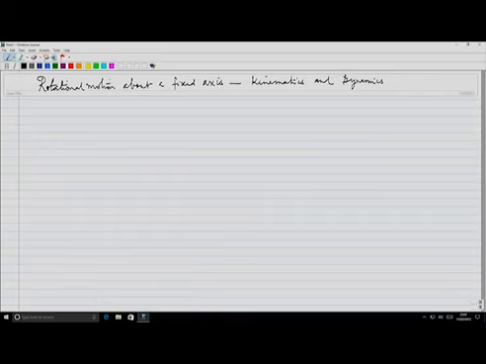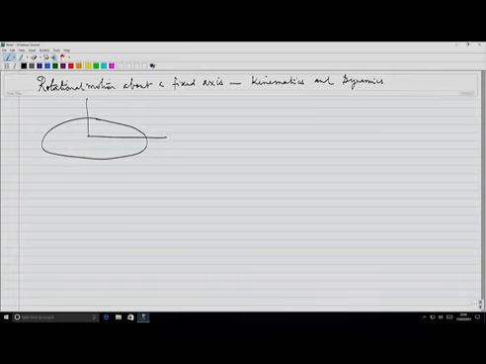Now, as I told you again, we are going to focus on rotational motion about a fixed axis. The advantage is such a motion requires only 1 degree of freedom. What is it? Suppose I have here an object, and then I have here 3 axes: x-axis, y-axis, and z-axis.